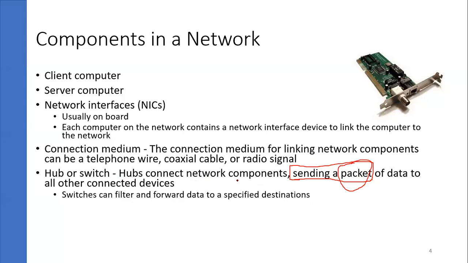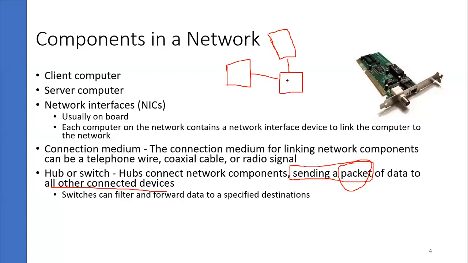So hubs connect network components, and these send the packets of data to all other connected devices. If your computer is here and another computer is here, you can't communicate between them without a proper device.